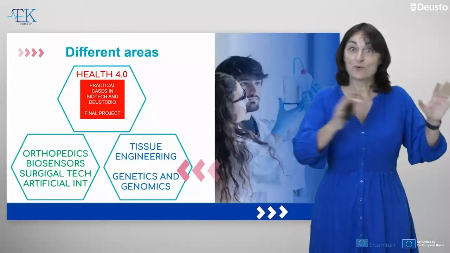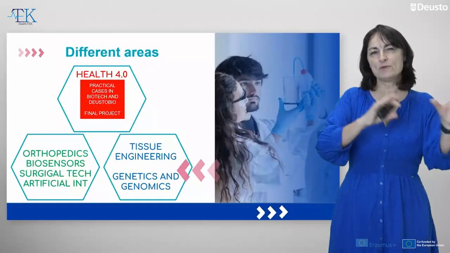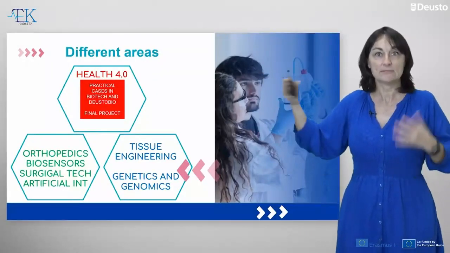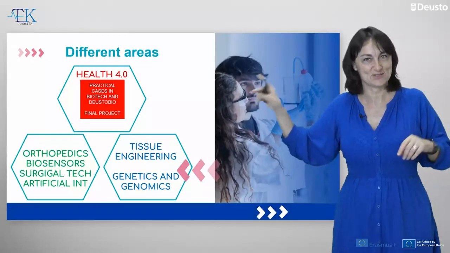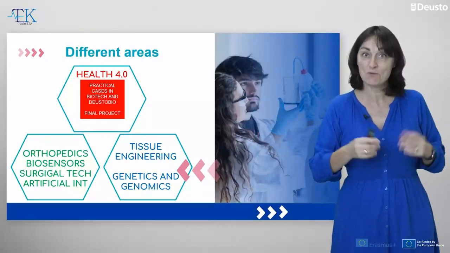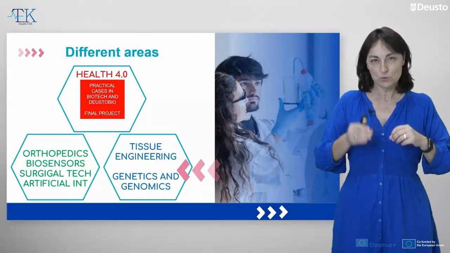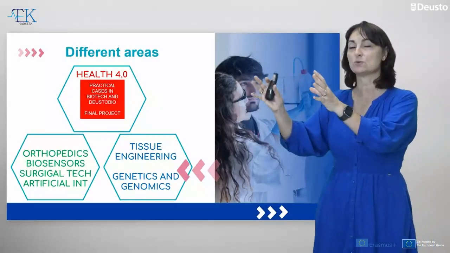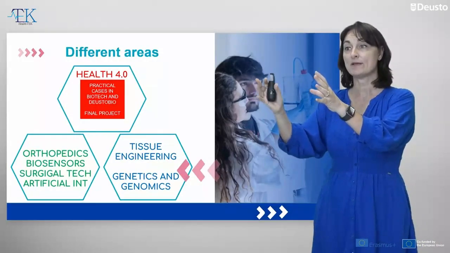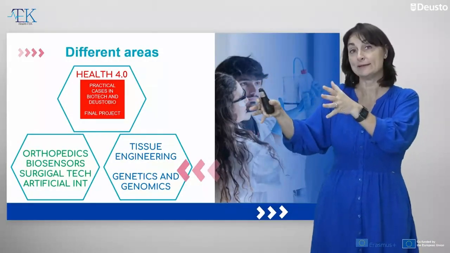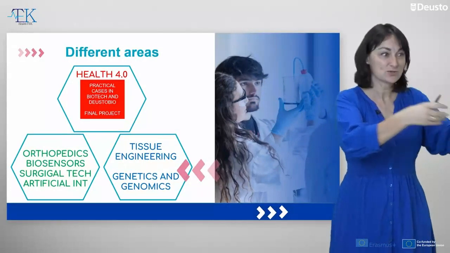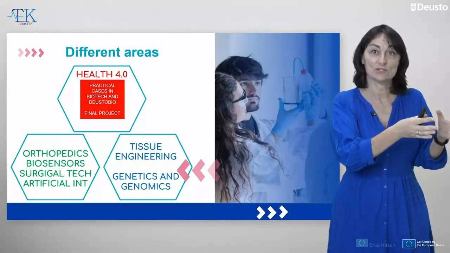About the content, we have 3 main areas, on top in red, Health 4.0. This is going to be the first unit. Why? Because it is important to understand that Industry 4.0 could be replicated into a Health 4.0 approach to help society in healthcare topics.